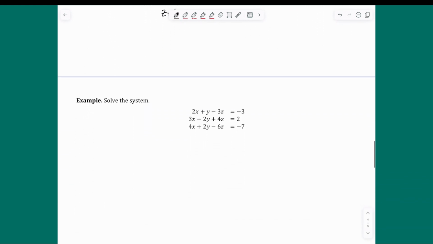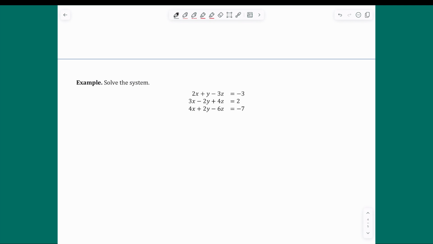All right, let's take a look at the next example here. So we're asked to solve the system 2x plus y minus 3z equals -3, 3x minus 2y plus 4z equals 2, 4x plus 2y minus 6z equals -7. All right, I'm going to label this as equation 1, equation 2, equation 3.